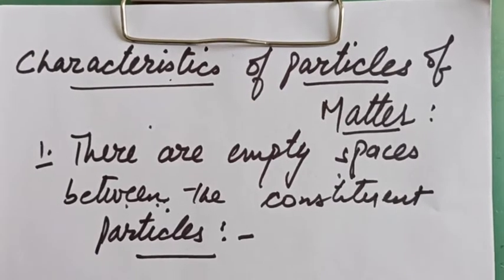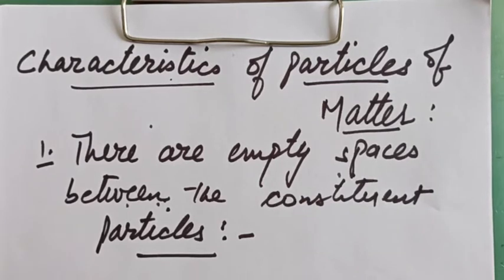Similarly, in the activity of potassium permanganate that we did in the last lecture, when potassium permanganate is dissolved in water, the particles of potassium permanganate get evenly distributed in the empty spaces between the particles of water and give a uniform color to the solution.